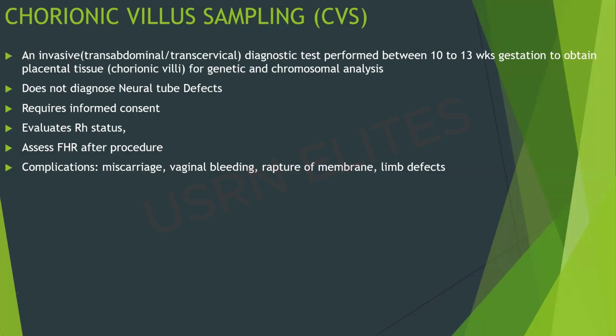And this one goes with the same requirements. It requires informed consent. We evaluate the status of the mother. We assess the fetal heart rate afterwards because you are looking at the chorionic villus, which is the placenta. We're looking at oxygen, so fetal heart rate after the procedure is one of the priorities.